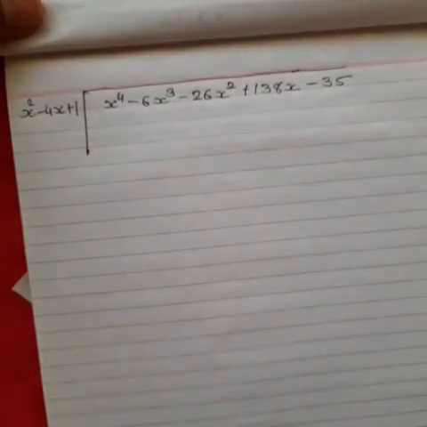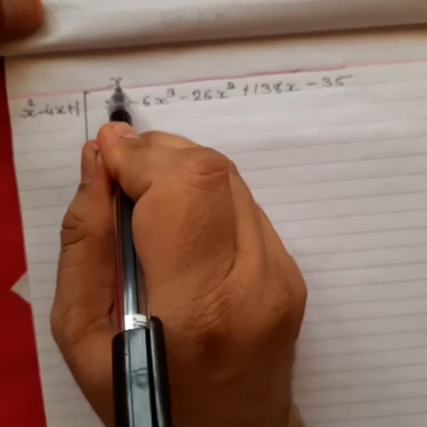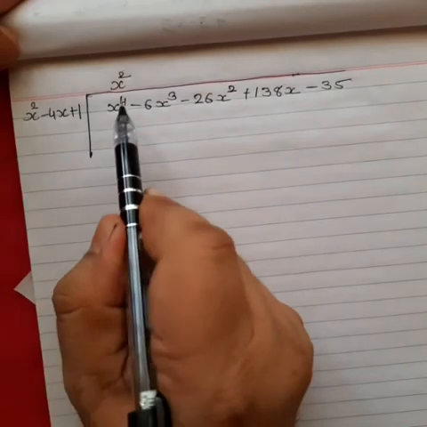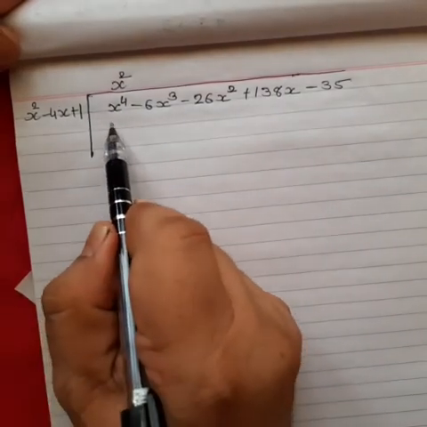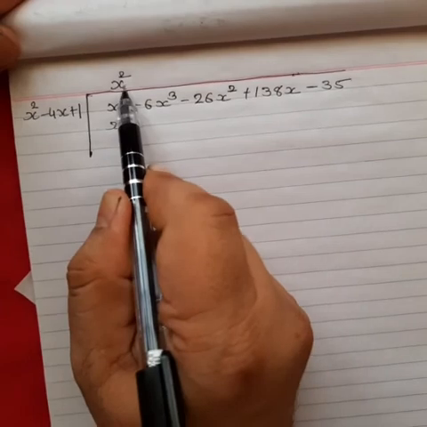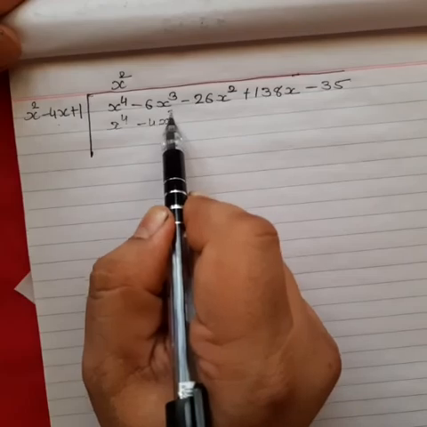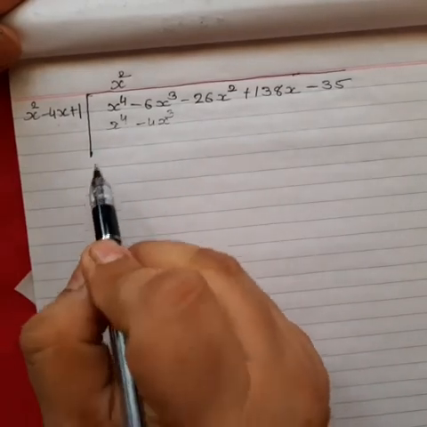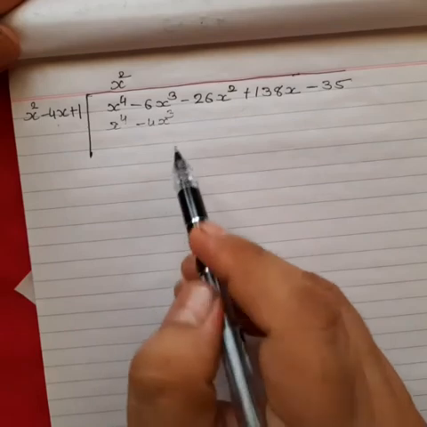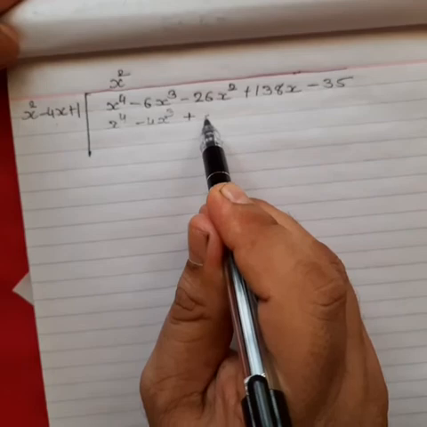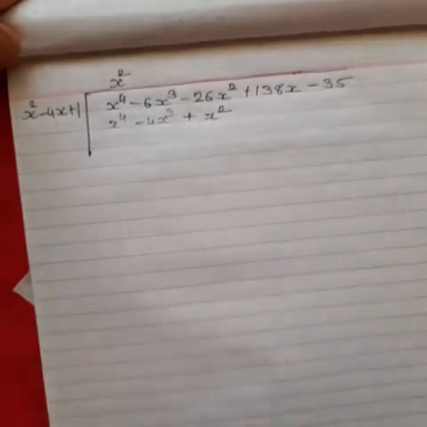So to obtain x raised to 4, you have to multiply d of x with x square. So x square into x square, that is x raised to 4. X square into minus 4x, that is minus 4x cube. X square into 1, that is plus x square.